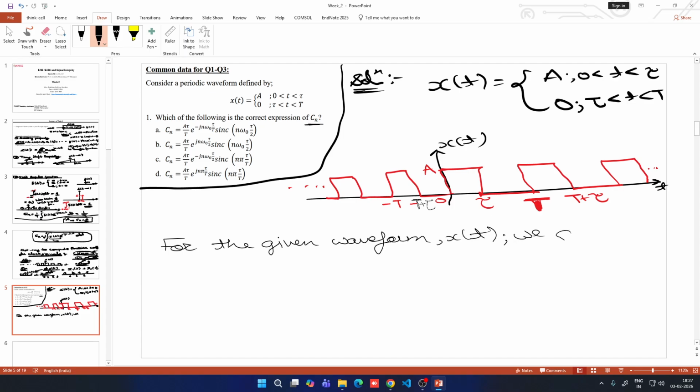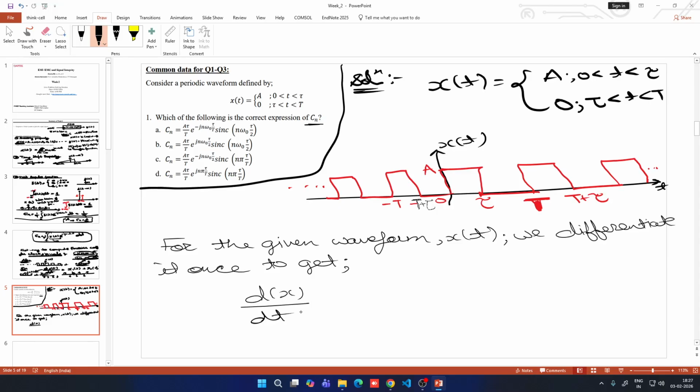We differentiate it once to get dx of t by dt.